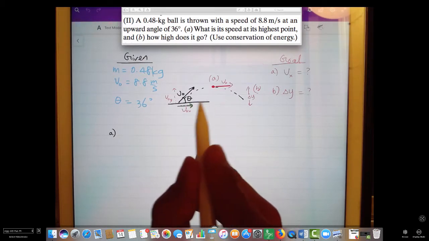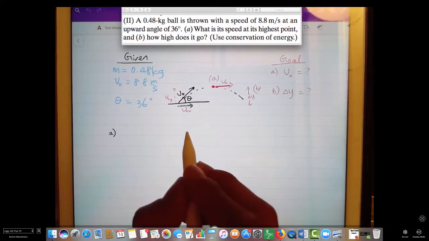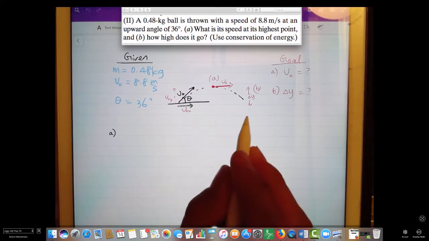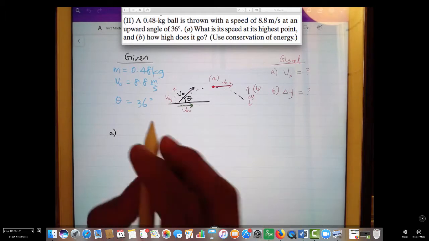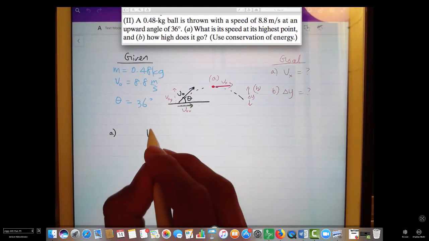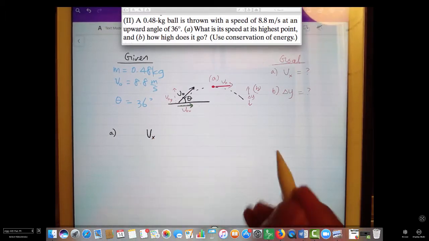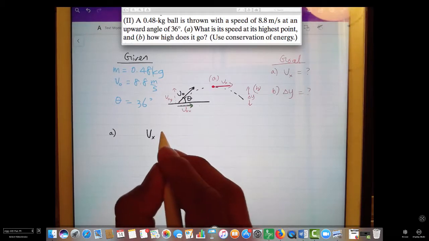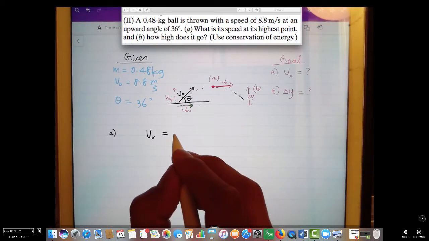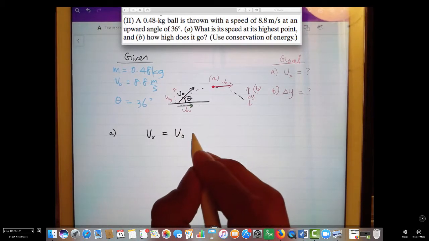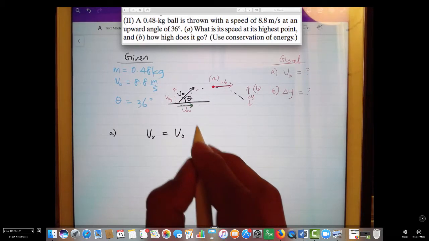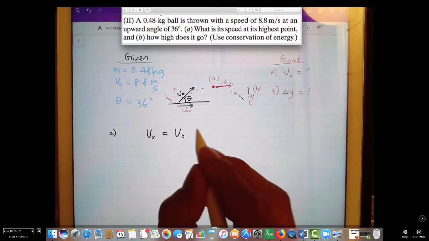So, horizontally, it should be constant speed throughout the trajectory motion. So we'll write Vx, our first goal, is V0, the initial velocity, and to find the horizontal component, we have to use cosine theta.